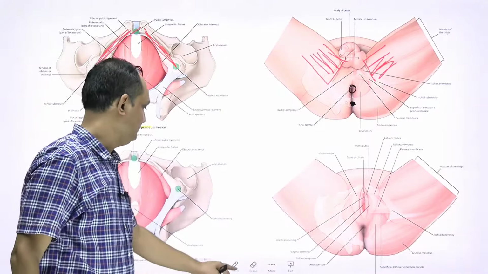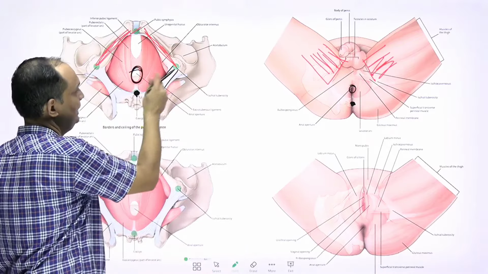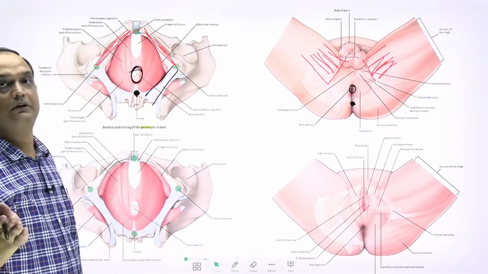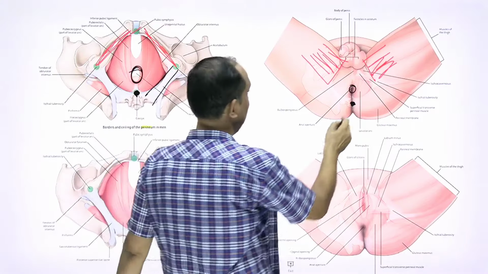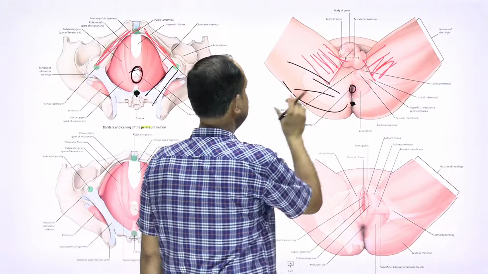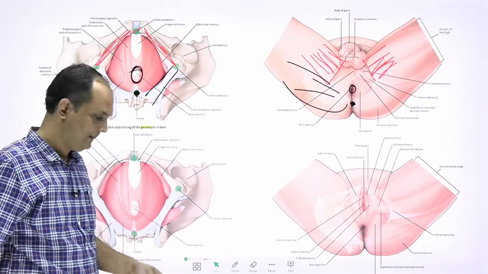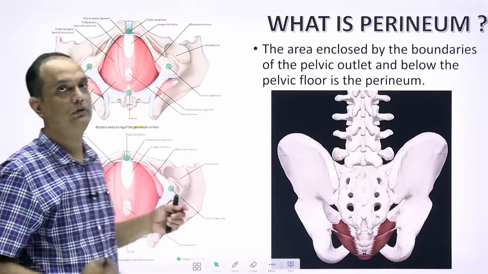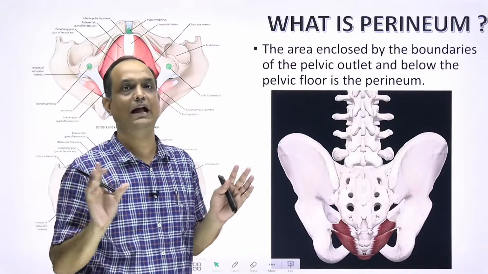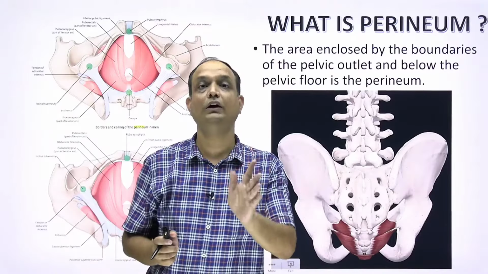And for the posterior placement of the sacrotuberous ligament, you know that this ligament is covered by the gluteus maximus, so the buttocks cover this posterior boundary. Clear?